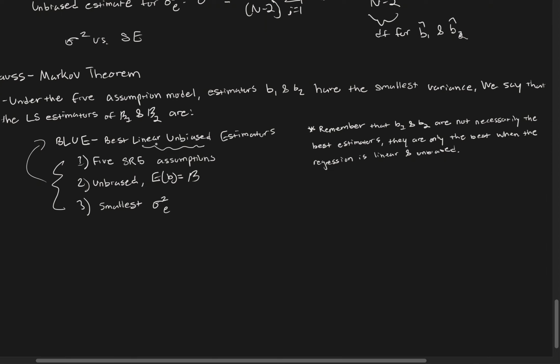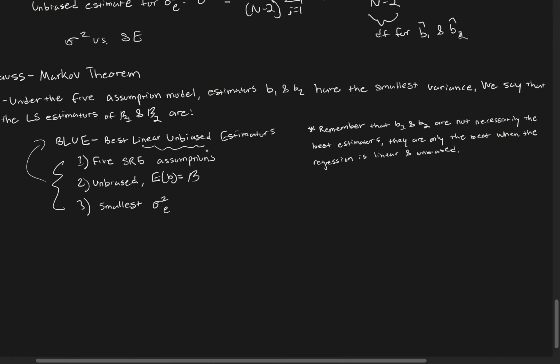So obviously, in the next video, I'll go over why some of the functional forms are not linear. But I think just from what I've learned, I've rarely seen fitted functional forms that are actually biased.